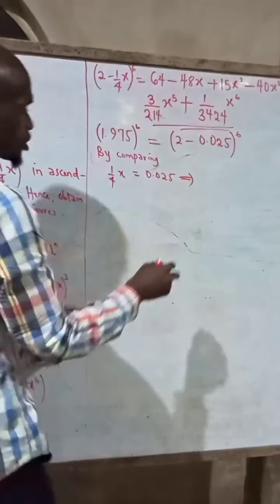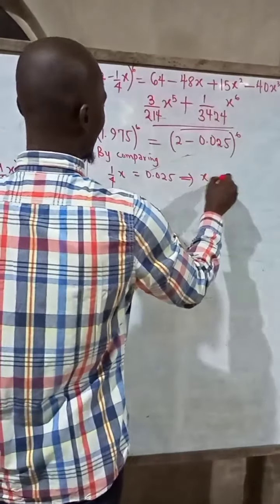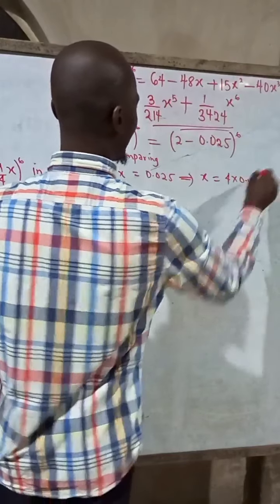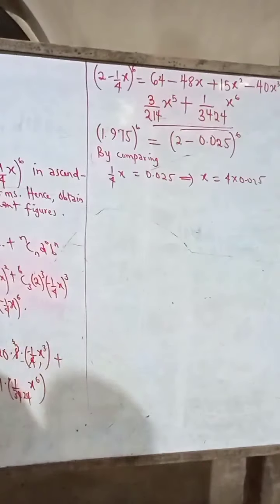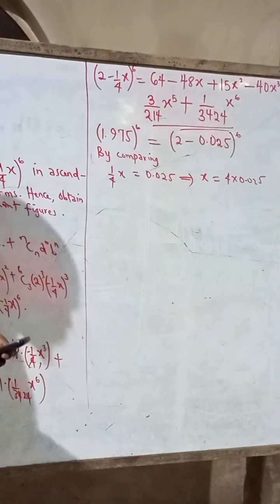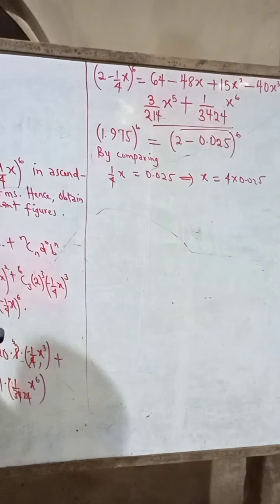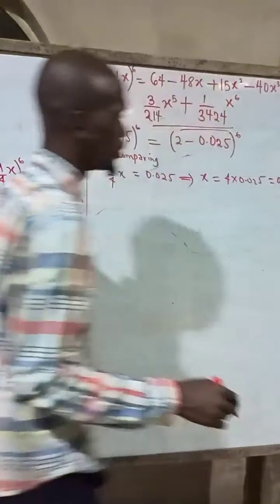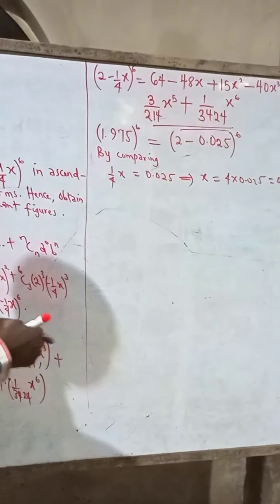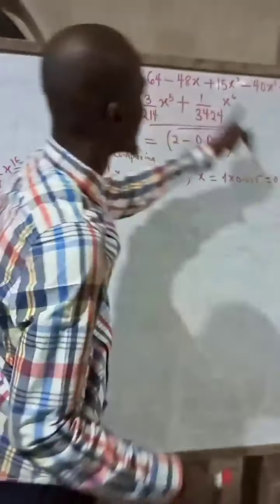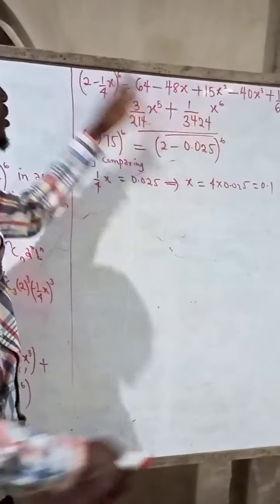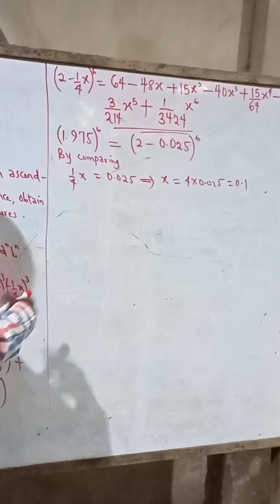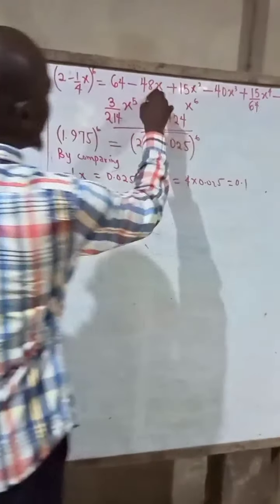So by cross multiplying, x will be equal to 4 times 0.025, that will give me 0.1. So that means my x is 0.1. Now this is what I am going to substitute for x in this expression, which will lead me to my required answer.